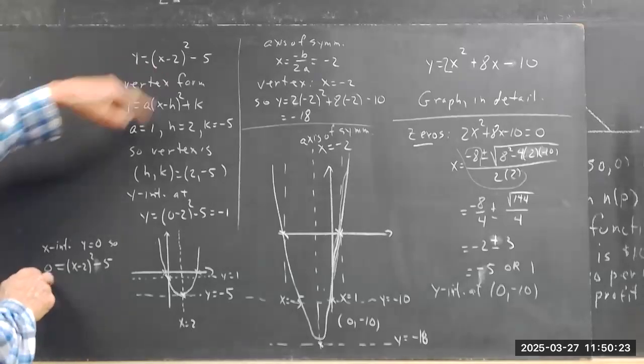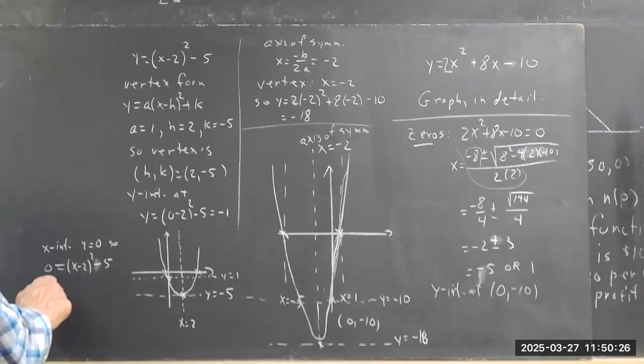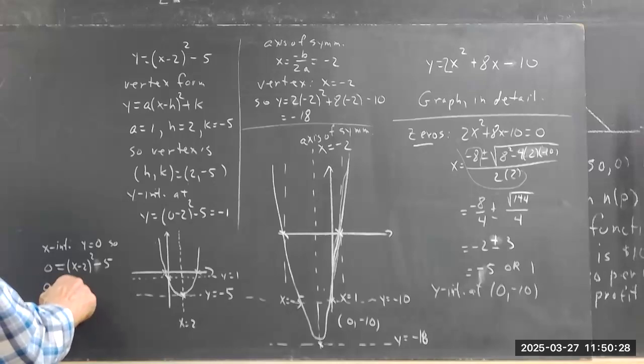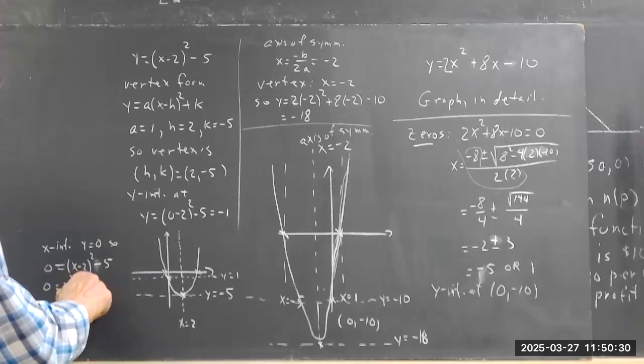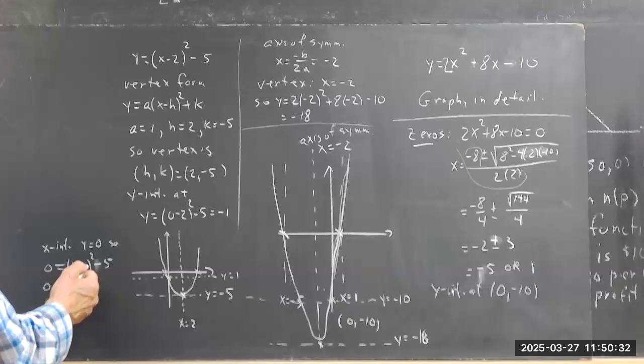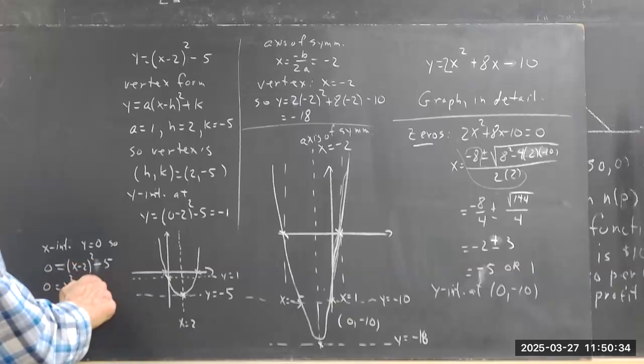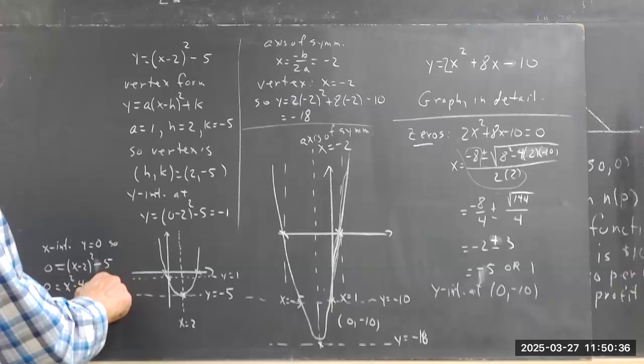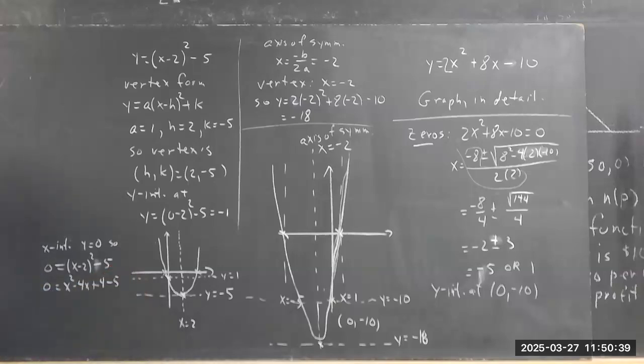You let y equals 0 and you get an equation that you can solve for x. You square x minus 2 using the distributive law. I'm not going to write the details of that, but x minus 2 times x minus 2, and use the distributive law.